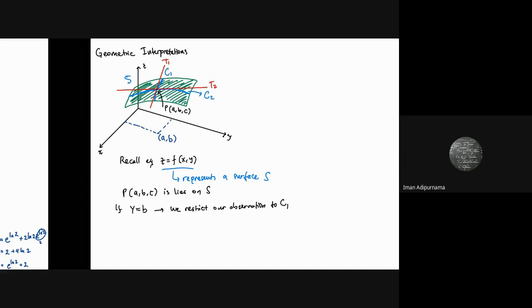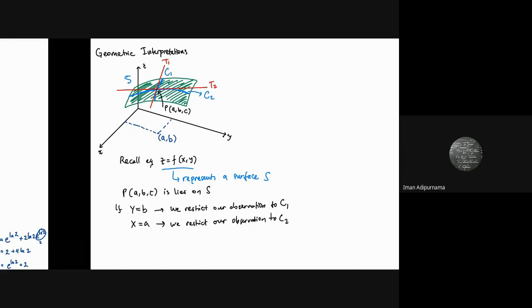And if we restrict, or look at x equal a, we restrict our observation to C2.